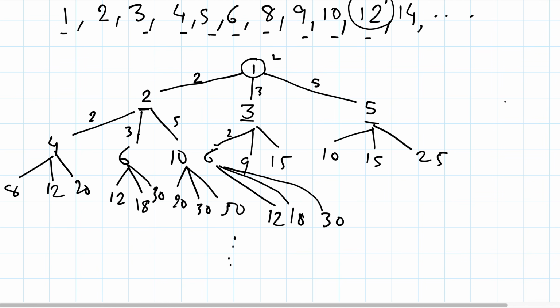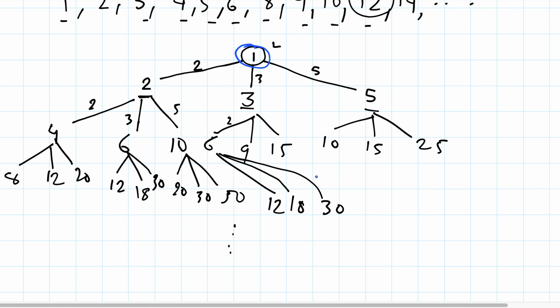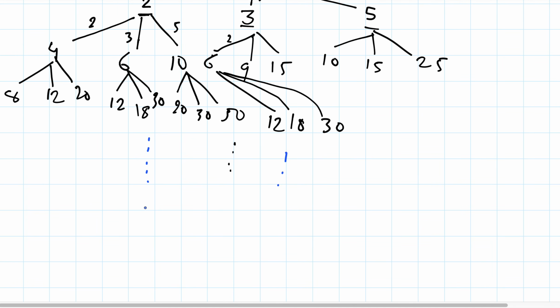At every level it's growing by 3 times the previous level. So now we are not missing any of the ugly numbers by branching out like this, because any ugly number will be formed from this base number by multiplying some factors of 2, 3 and 5. So if we complete this tree, then this tree represents all the ugly numbers.